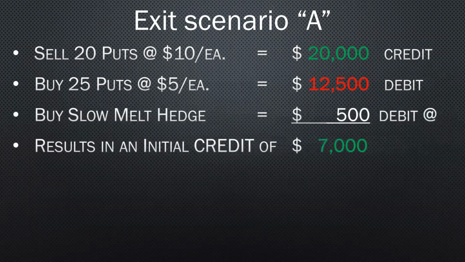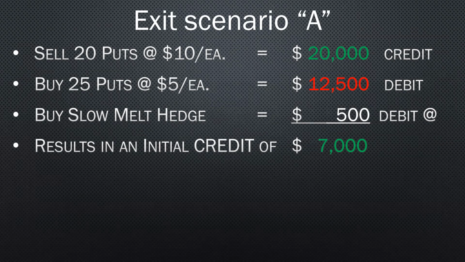We're also going to use that $500 that we saved from not buying the 26th, and we're going to buy a slow melting hedge, a hedge against a slowly melting market. That's going to be a debit of about $500. Sometimes it's $450, sometimes it's $650, but it's going to roughly be $500 for this slow melt hedge. We'll go into that in a little bit, what that is.